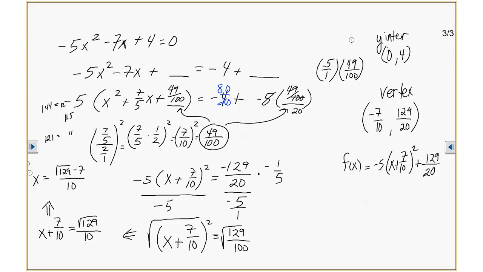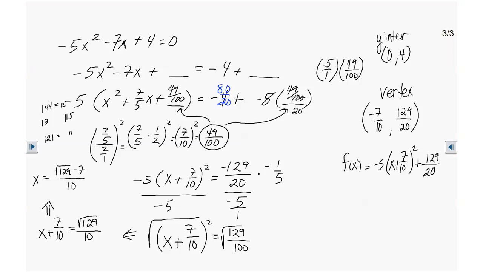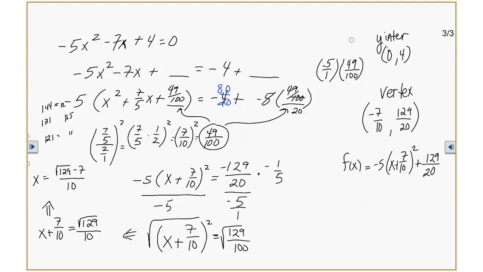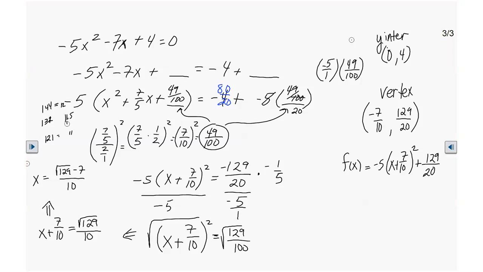So 121 to 144, what is that, 23? Half of 23, or half of 22, is 11. So that would be 131 right there, or 11 would be 132. I'm rounding. I want 129. So I'm going to do it one more time. 11.25 is in the middle.